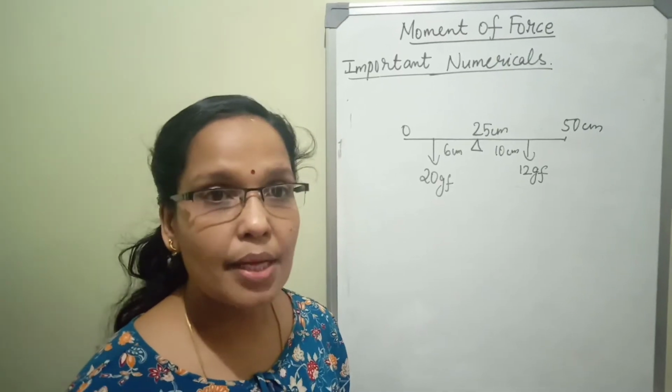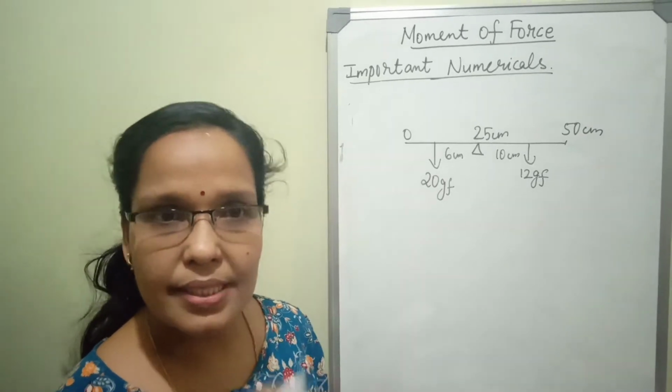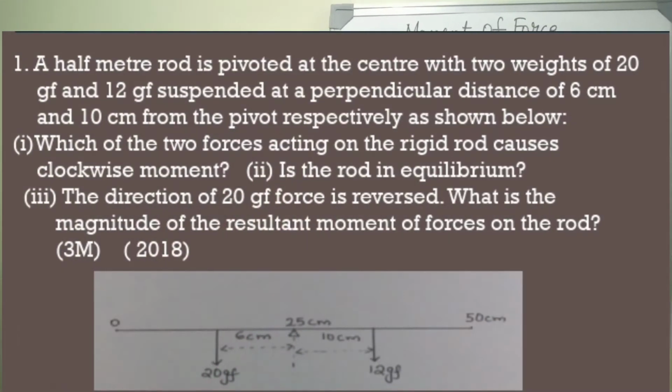Let us discuss some important questions from this chapter. First one: a half meter rod is pivoted at the center with two weights of 20 GF and 12 GF suspended at a perpendicular distance of 6 cm and 10 cm from the pivot respectively, as shown below. The diagram is given here.